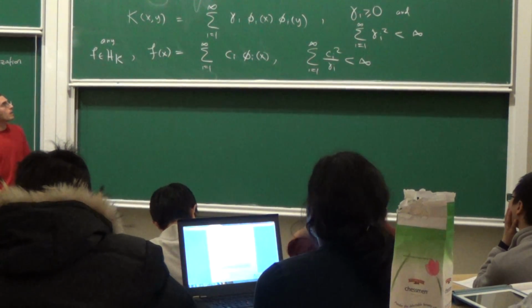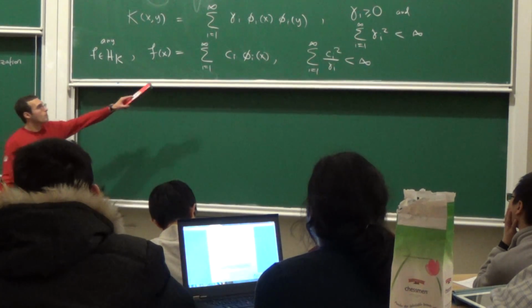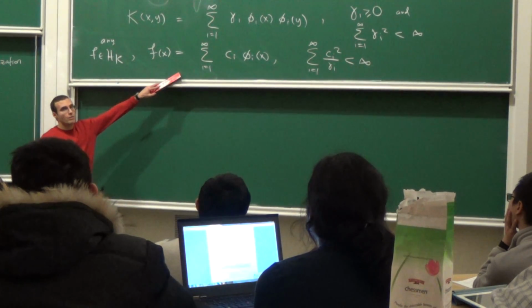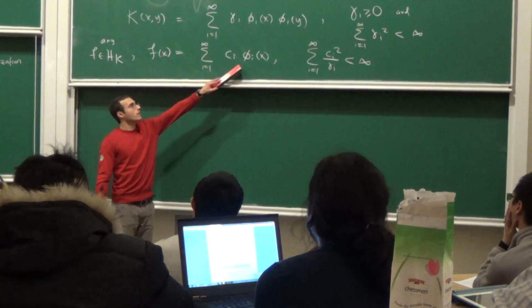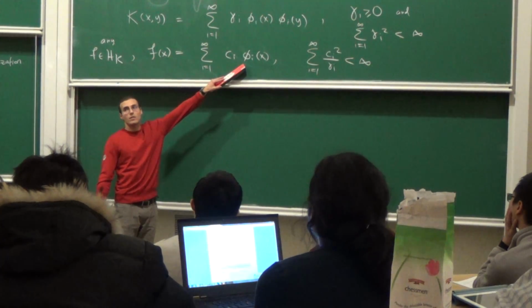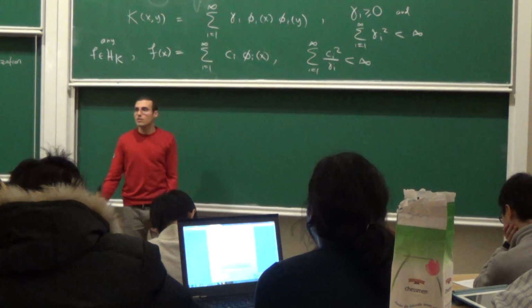So hopefully you won't be too bothered by the fact that we're just skimming over some of the stuff. You can think about this also as a definition for HK: the set of all functions for which I can define them as linear combinations of the eigenfunctions phi, where the linear weights satisfy this square summable condition.